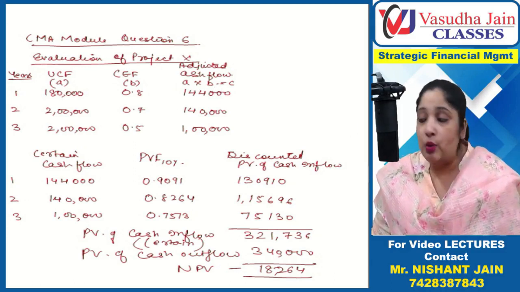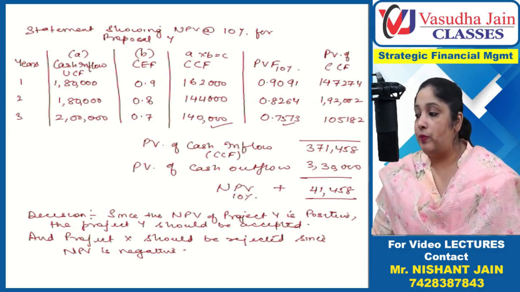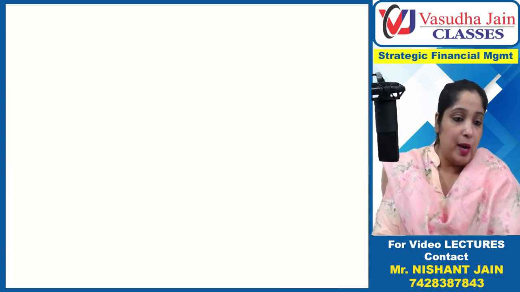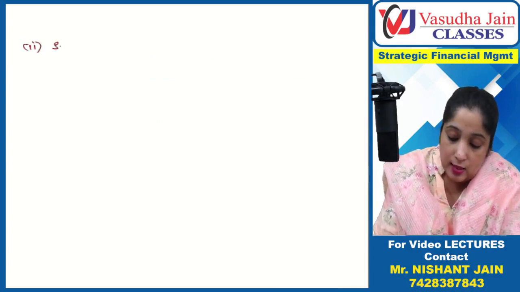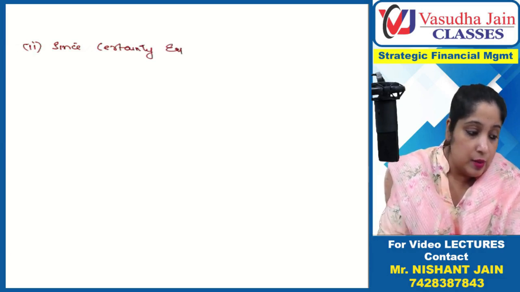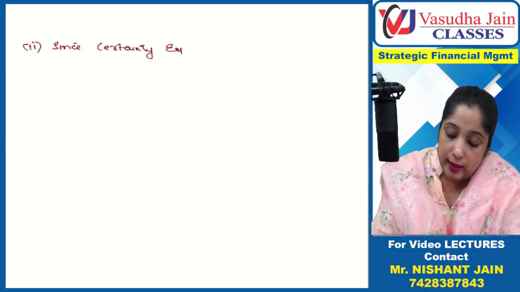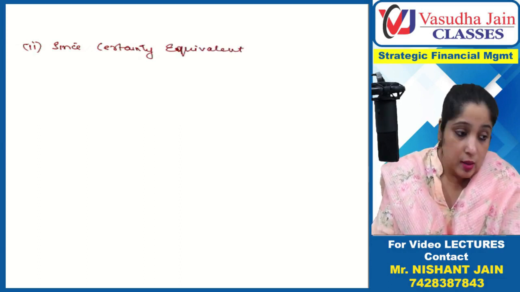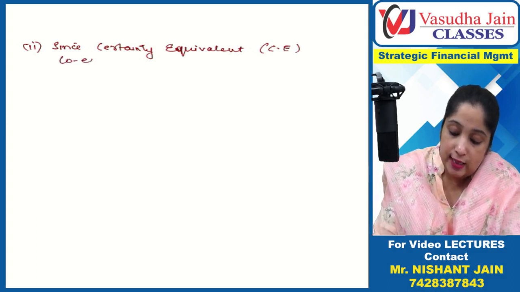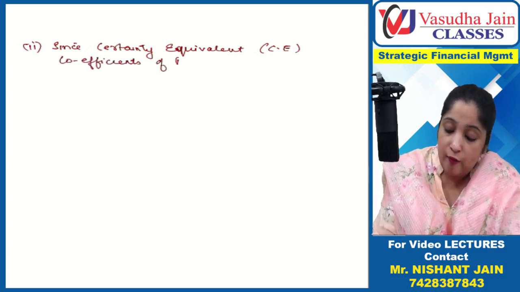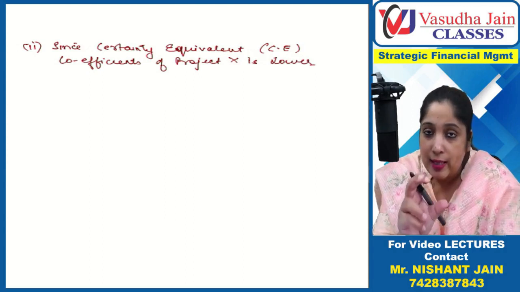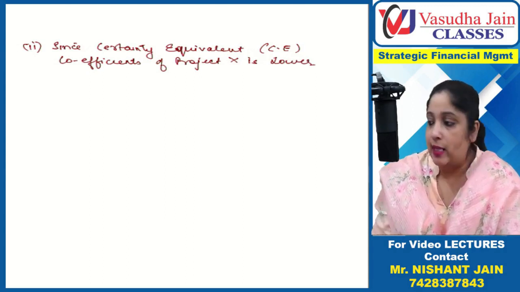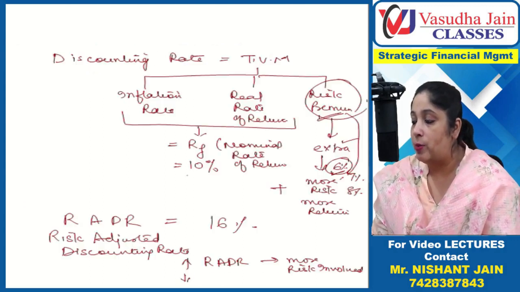So my complete answer to the B part would be: since certainty equivalent CE coefficients, that is the percentages of project X are lower, certain cash inflows percentages are lower.